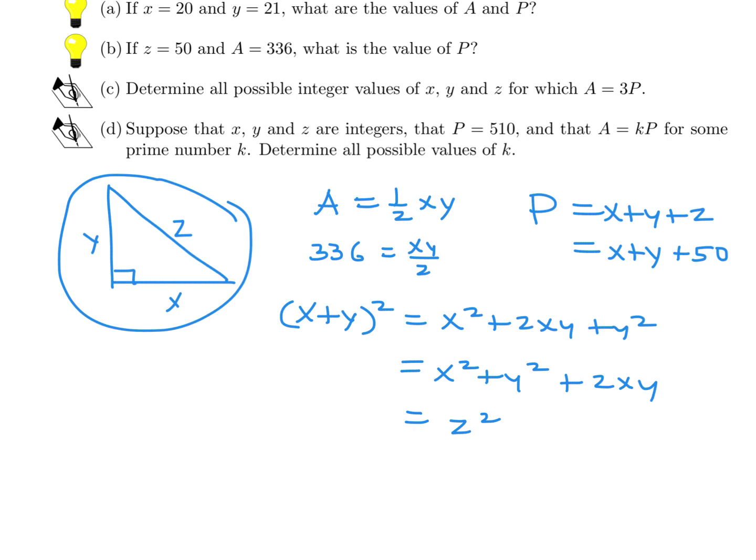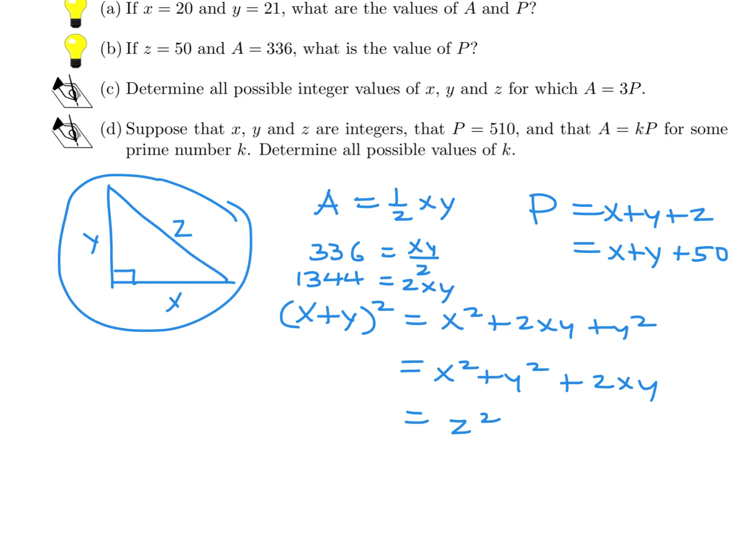And then 2xy I can get from this guy. If I multiply both sides by 4, I will get 2xy over here, and 336 times 4 is what I'll get over there, which I believe is 1344.